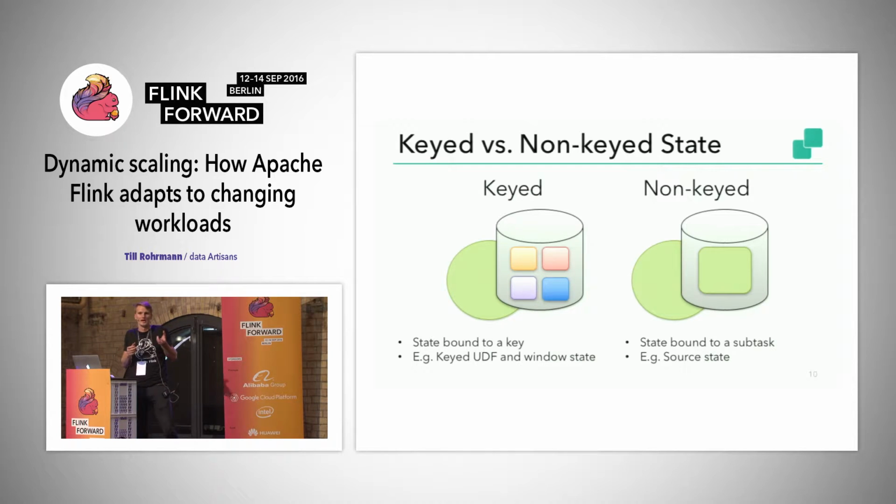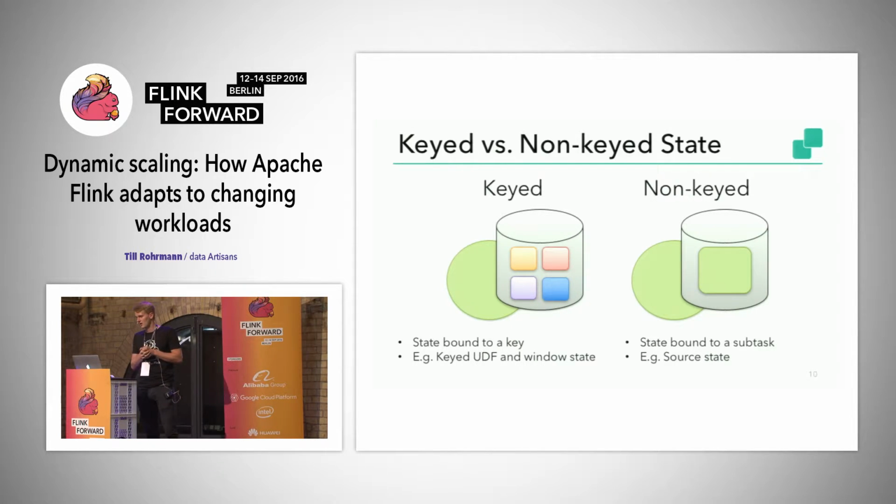So whenever you have a keyBy operation in your Flink job, which is followed by an operator which does some state processing, stores some user-defined state, or does, for example, windowing, this state is stored as keyed state, because the generated state is associated to the key, which is derived from the incoming stream record. That's the one type of state we have.